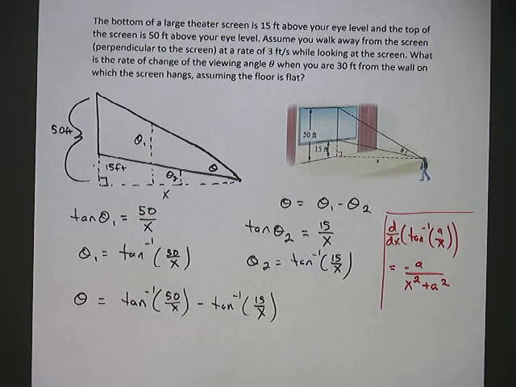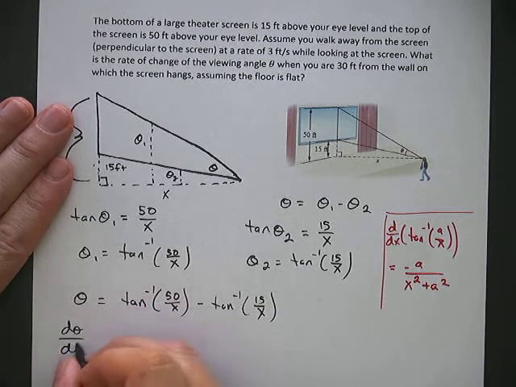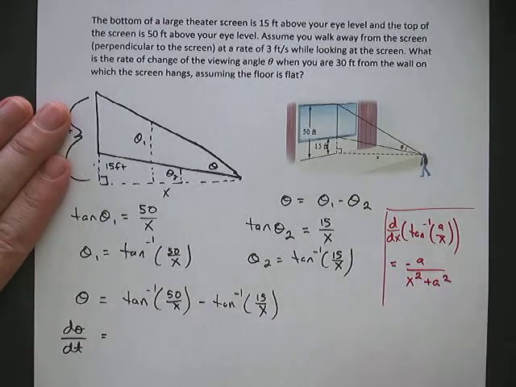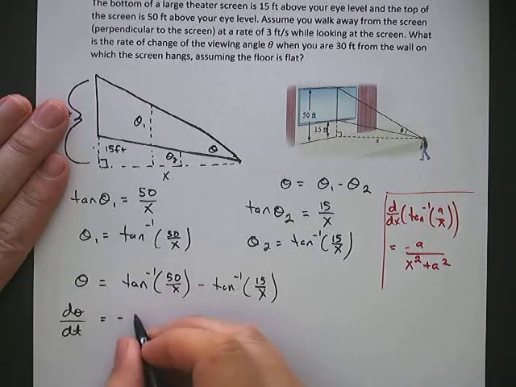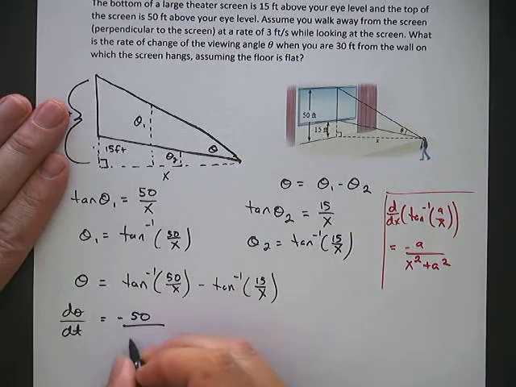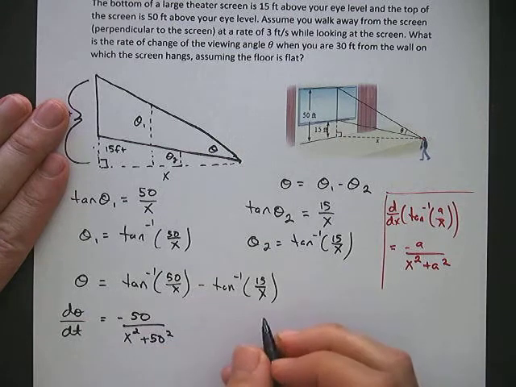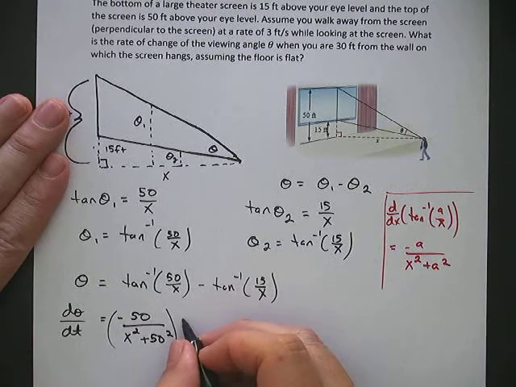Okay, we're going to do this related rates with respect to time. The derivative of theta with respect to time, d theta over dt, equals, let's take this one, that's this formula over here, 50 for a. So that's negative 50 over x squared plus 50 squared, multiplied by dx dt.